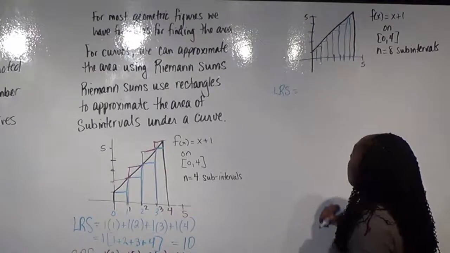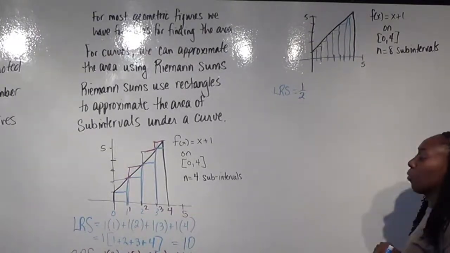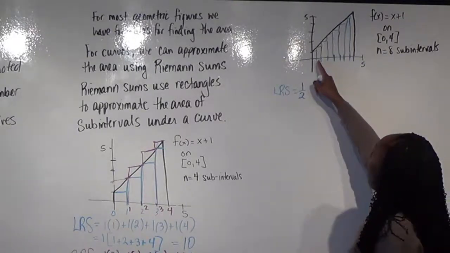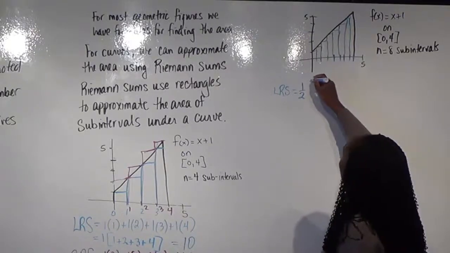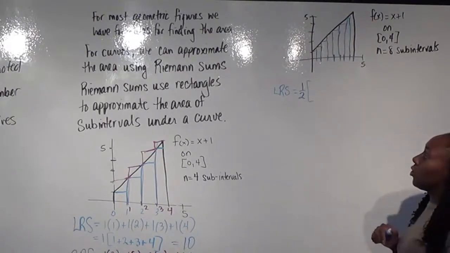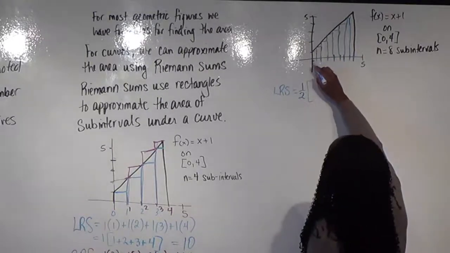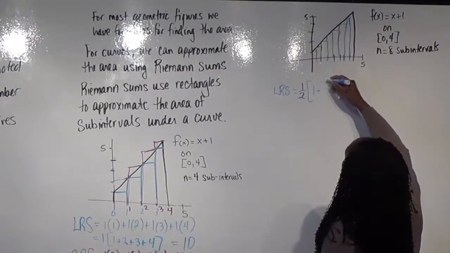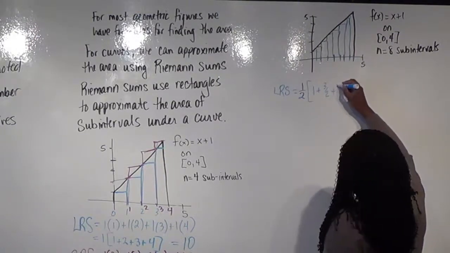In this case, I know the width of my interval for all of these is going to be 1/2. So from 0 to a half to 1, 1 to 1 and a half, and so on. Then I just need my height of the function at each of the sub-endpoints. I'm starting at 0, so I'll be at 1. At a half, I'll be at 3/2. At 1, I'll be at 2.